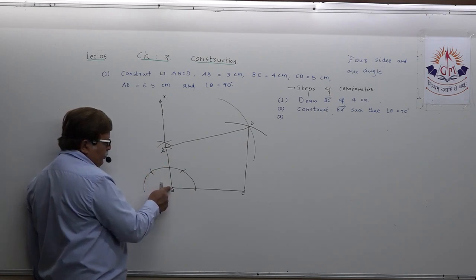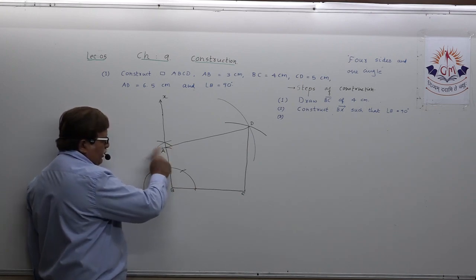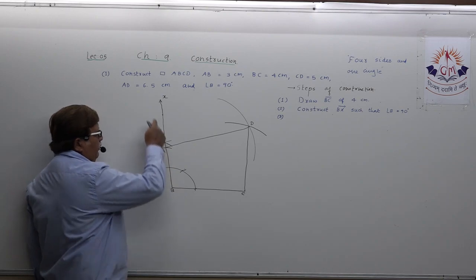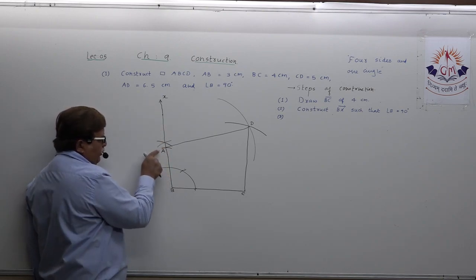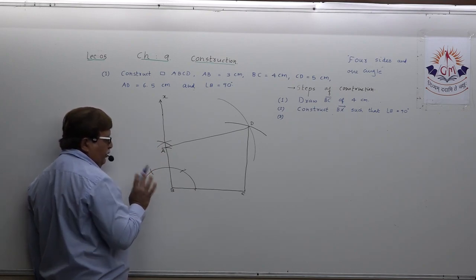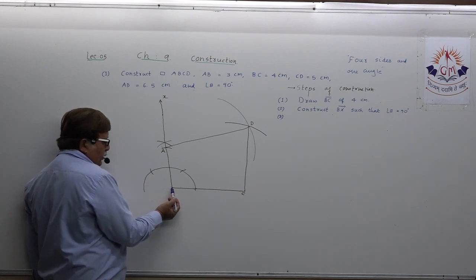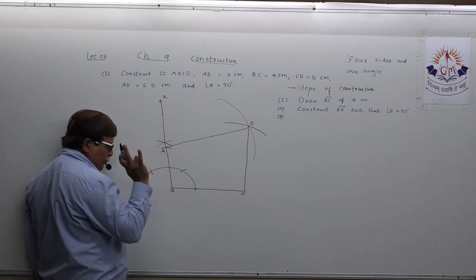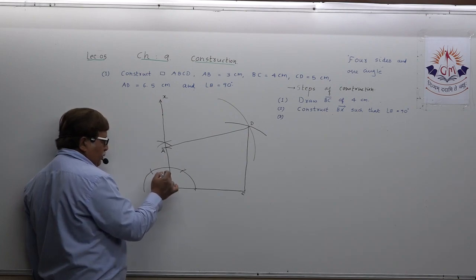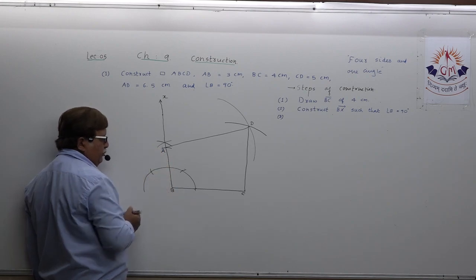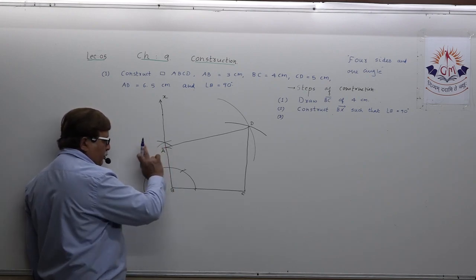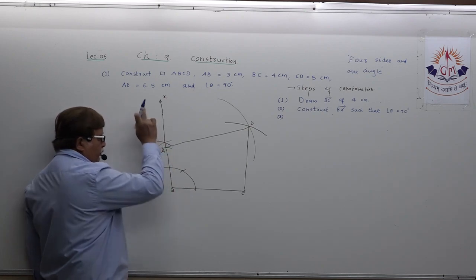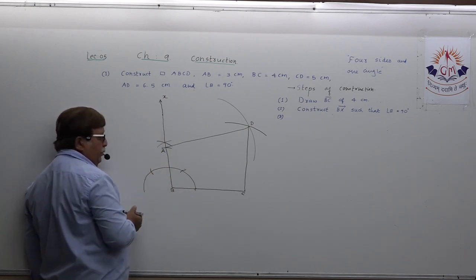You centered your compass at B and you have drawn an arc which intersects ray BX at point A. Try to understand this step, dear student.